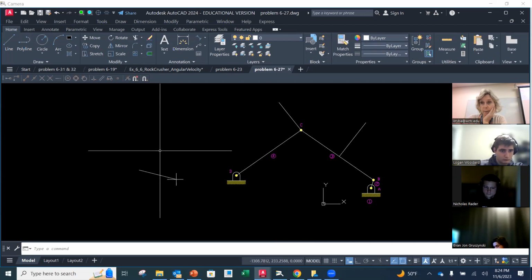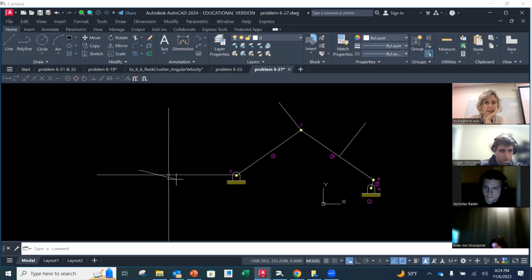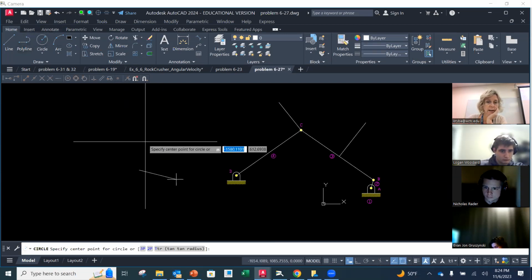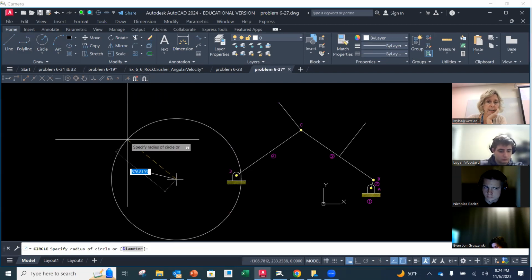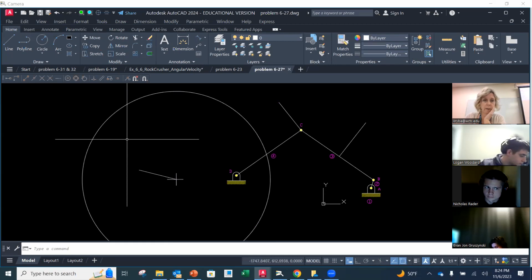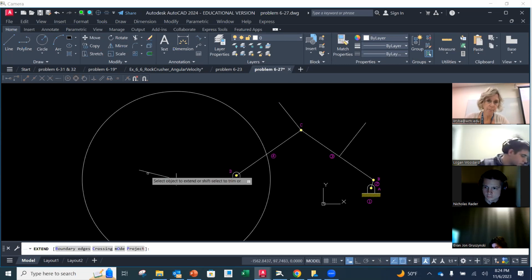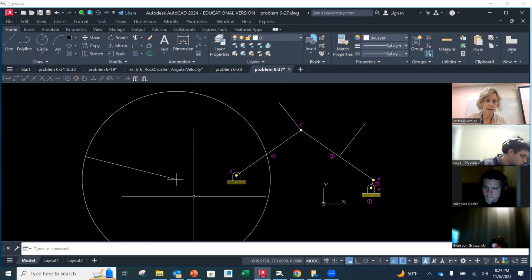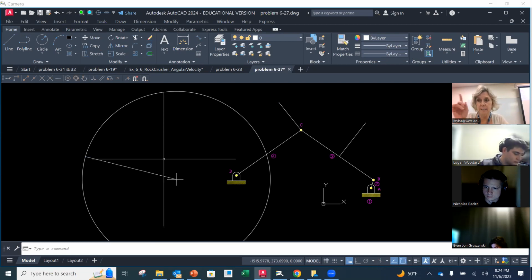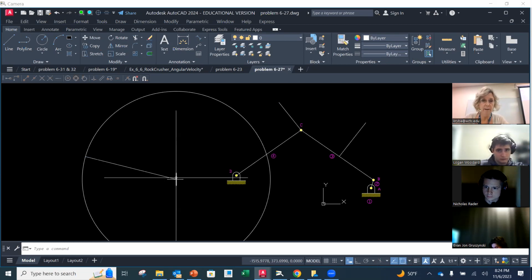Now I'm on my first vector on the right-hand side of the equation, and I'm going to draw a circle that has a radius equal to 837.7 millimeters. So then I'm going to extend that line to the radius. Now my velocity of B, line of action, is the correct length.